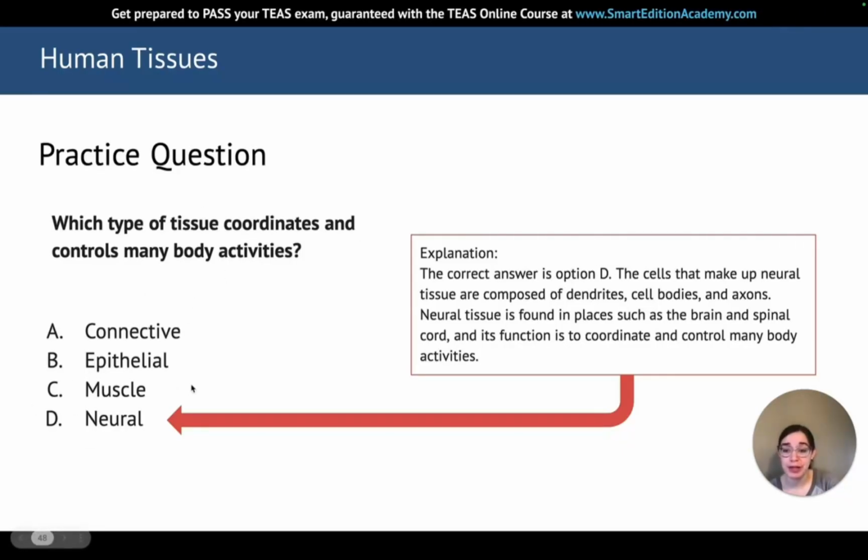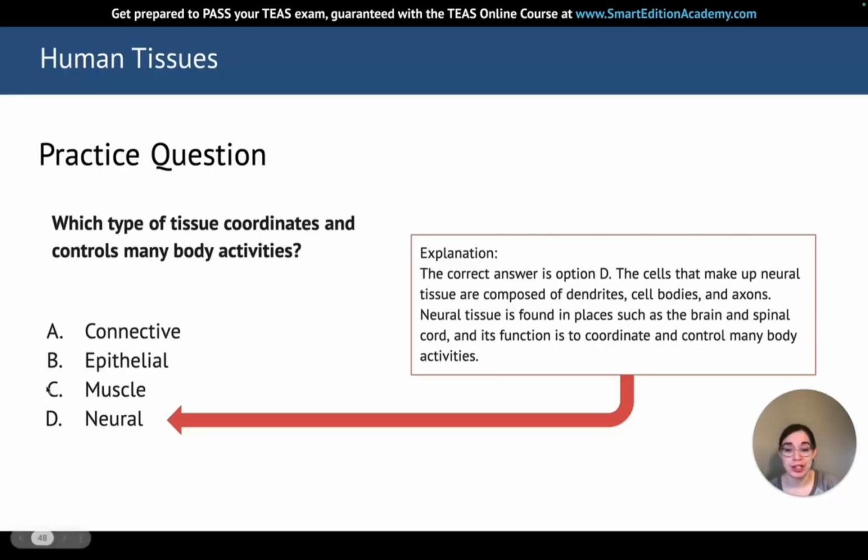Muscle tissue has the function of providing movement, as we have seen. Epithelial tissue is a barrier, so it protects structures lying underneath it. It allows for the passage of certain substances. It allows for the secretion of certain substances. So different functions than coordinating and controlling body activities.